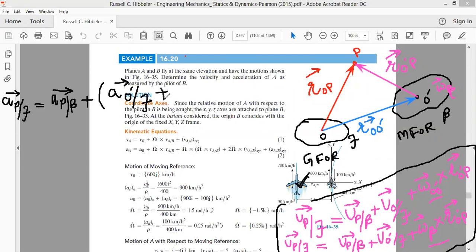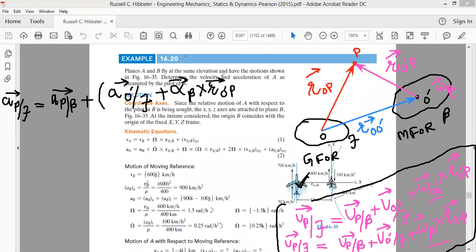Plus angular acceleration of beta with respect to ground, which we write as alpha of beta, cross the radius vector drawn from O dash to P, which we write as R O dash P.